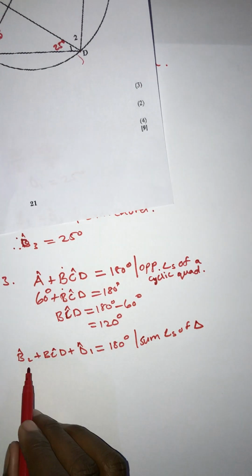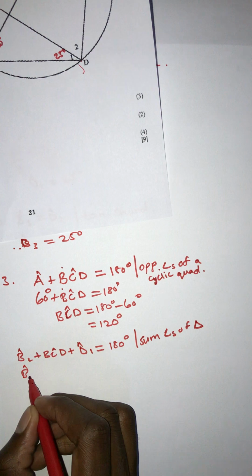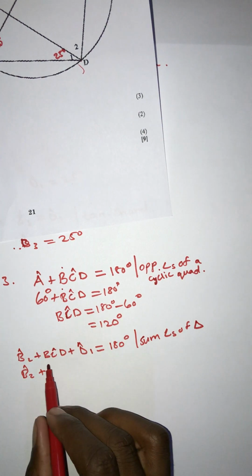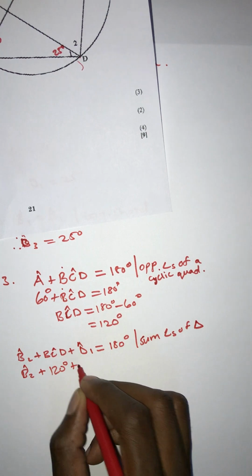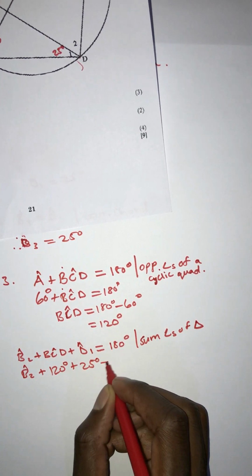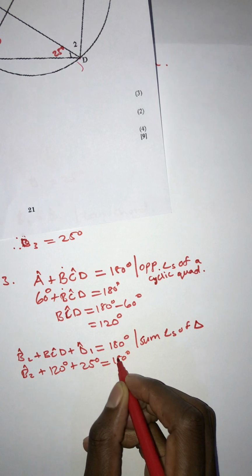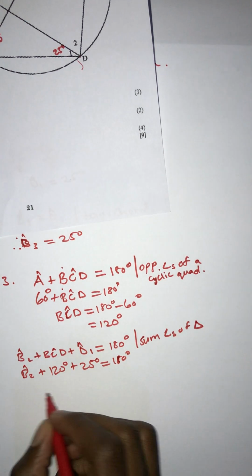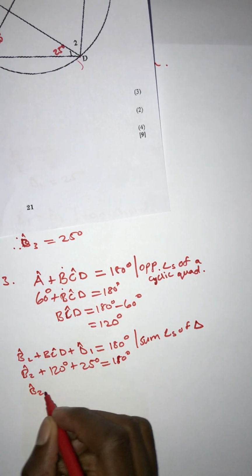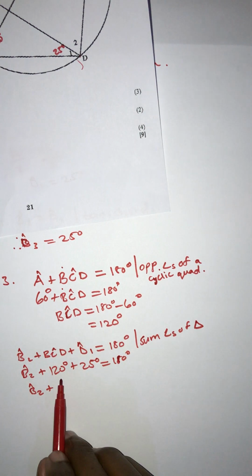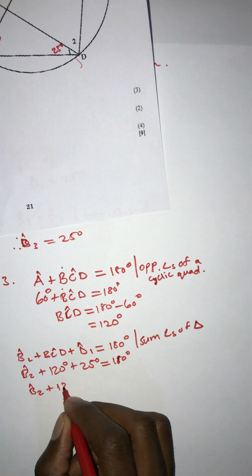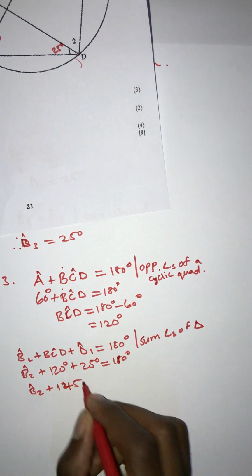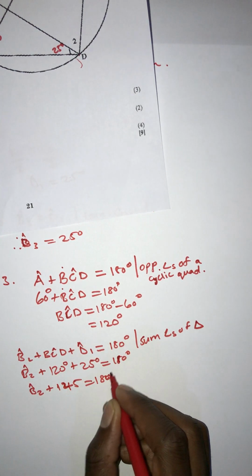So we're just looking for B2 plus, what is this? This one is 120. We're going to say it's 120 plus D1 is 25, so B2 plus 120 plus 25, simply 145, is equal to 180 degrees.